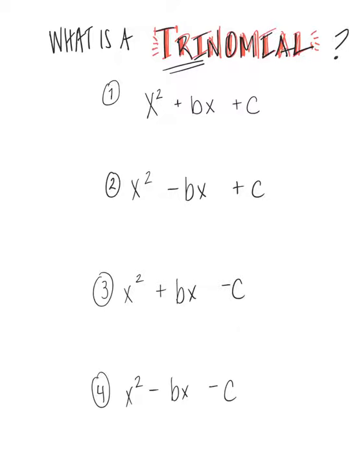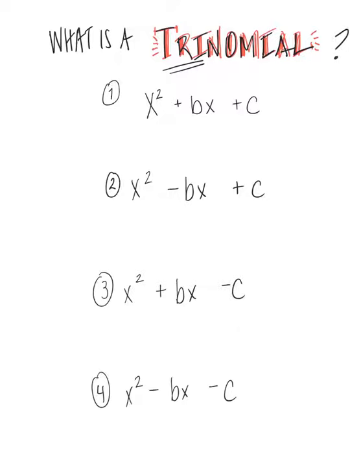And this, I'm going to look at the basic trinomials where I do not have any number in front of my x term. Notice that it's just x squared. It's not like it's 2x, it's not negative 2x. This is simply x squared. But b is going to be a number, and c is going to be a number, and it could be positive, like in this situation, and in this situation, or it could be negative, like down here.